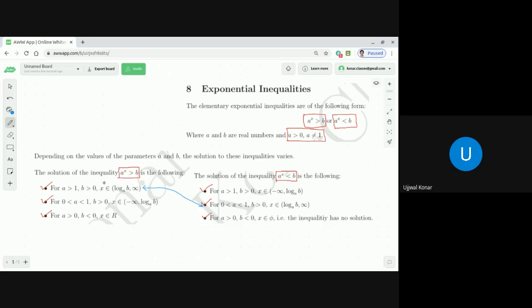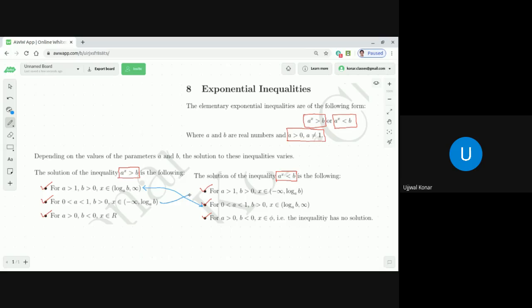And if you see, dear students, when a is between 0 and 1 and b > 0, the solution to the inequality a^x > b, which is the open interval minus infinity to log b to the base a, is actually matching with the solution to the inequality a^x < b when a > 1 and b > 0.